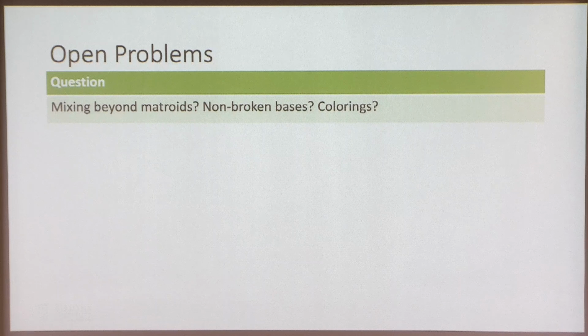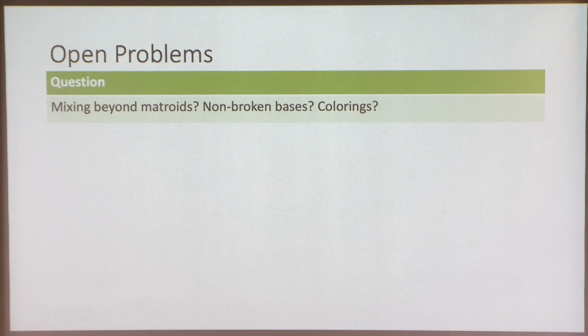So in particular, all the mixing time bounds that we have only work for the case when your support forms the basis of a matroid. But there are many other combinatorial structures beyond matroids.